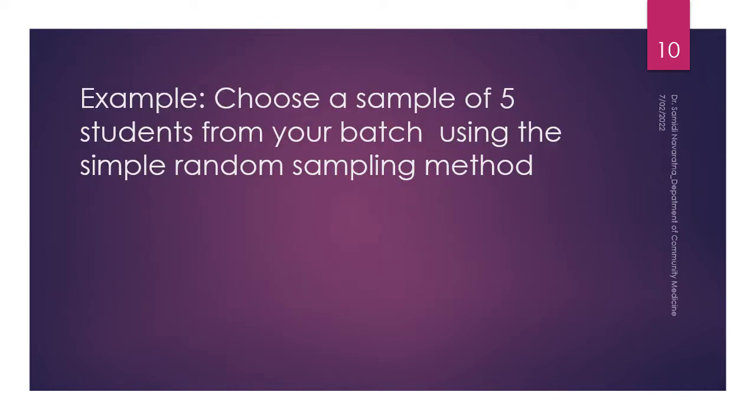So let's use this example. Choose a sample of 5 students from your batch using the simple random sampling method. So as we discussed, either you can use the lottery method or use the random number table, or you can use some sort of an electronic random number generator to find these study units from your batch.